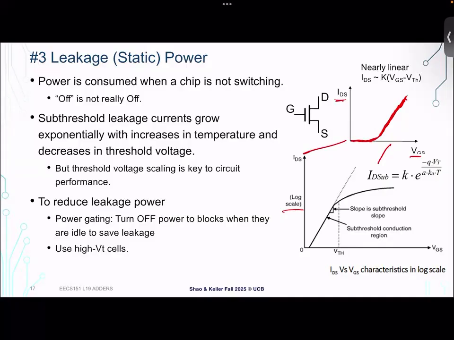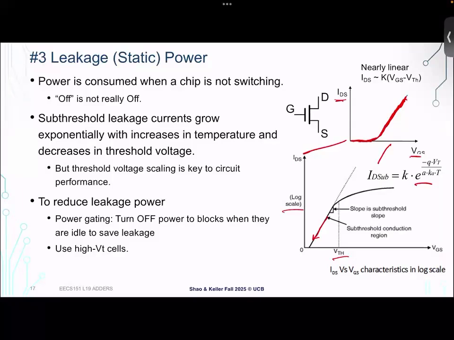The current never actually goes to 0. It just drops off exponentially, according to this fairly complicated looking equation on the right. You don't need to worry about the details of that. The key is just that there's this exponential relation at sub-threshold voltages where current gets smaller and smaller, but it never turns off.